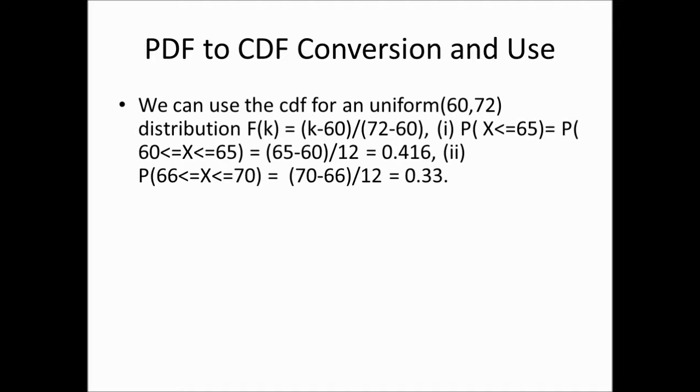So probability x is less than or equal to 65 is given by, if you put k equals 65, 0.416, and probability x takes value between 66 and 70 is given by 70 minus 66 divided by 72 minus 60, which is 0.33.